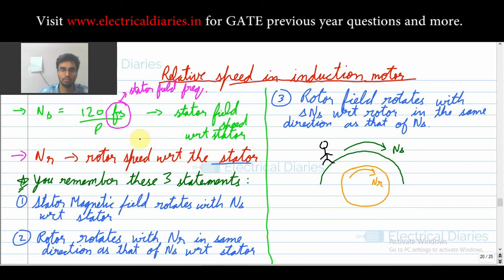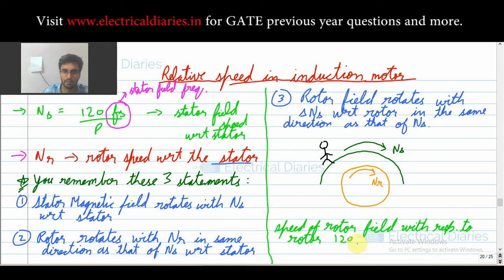I have already told you, using this formula, the speed of the rotor field with respect to the rotor will be 120 Fr by P, and we have already calculated that Fr is equal to S Fs in the previous video.